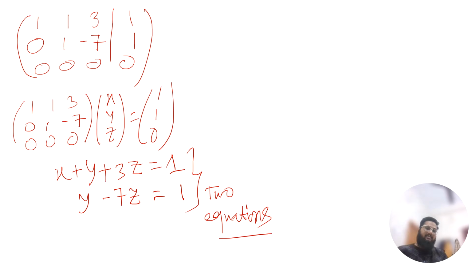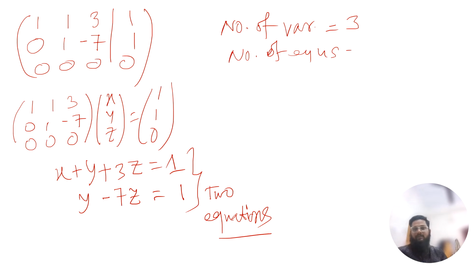But I have already discussed that if the number of variables is 3 and the number of equations you are getting is 2, so 3 minus 2 equal to 1, this one variable will be free.